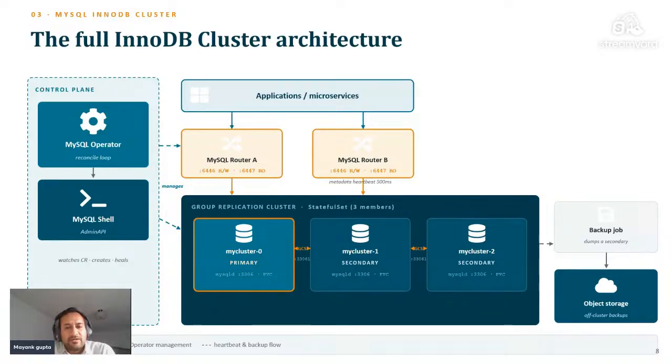And then we also have other components for the cluster, which is a backup job. All the nodes will have their own PVC, which is called persistent volume, and that persistent volume is the storage unit where databases are actually storing the data, and we can have a backup.